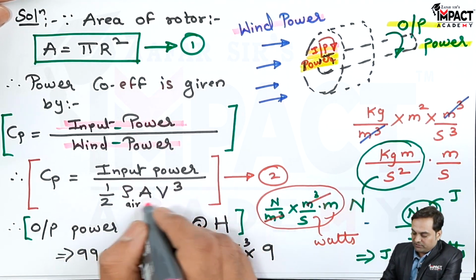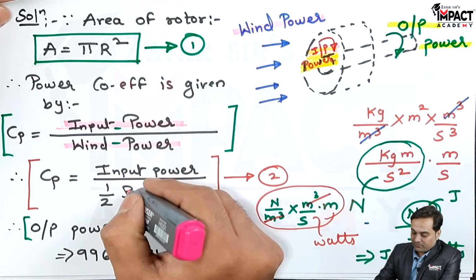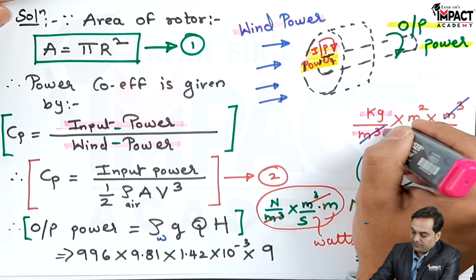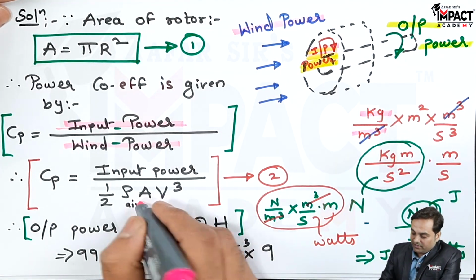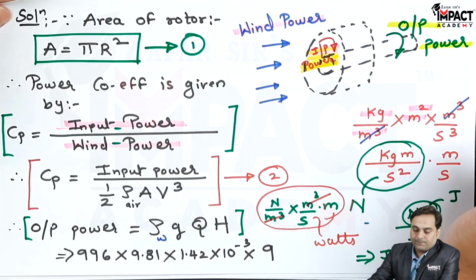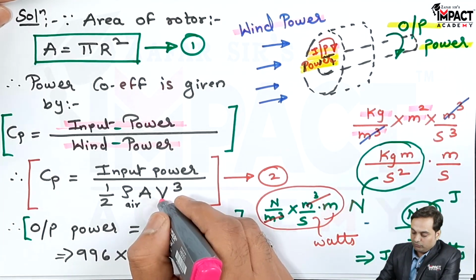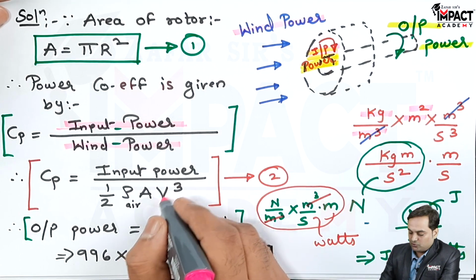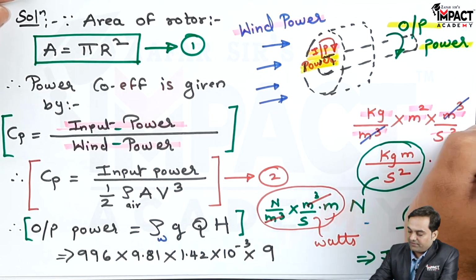And what is the unit of this? I have explained it over here. Density is having a unit of kg per meter cube, so it is kg per meter cube. Then area is having a unit of meter square, so into meter square, into velocity cube. Velocity is in terms of meter per second, so it becomes meter cube upon second cube.